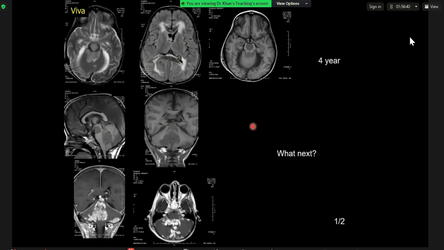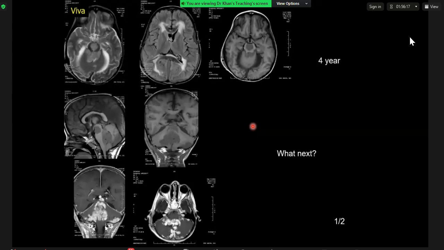There is a posterior fossa tumour that has its epicenter in the midline within the 4th ventricle. On T2 sequences, iso-intense to cortical grey matter.